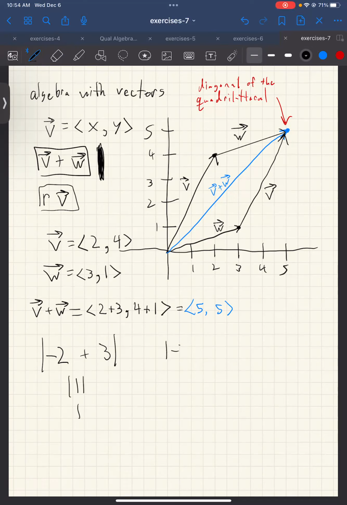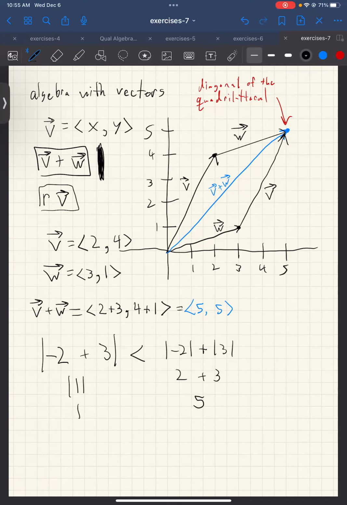Well, what if I took the absolute value first and then added the numbers? The absolute value of negative 2 is, of course, 2. The absolute value of 3 is 3. So 2 plus 3 is 5. In this case, which is bigger or smaller, the absolute value of the whole thing or the sum of the absolute values? Well, 1 is certainly less than 5.